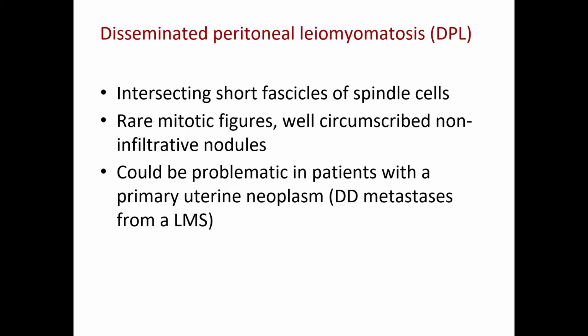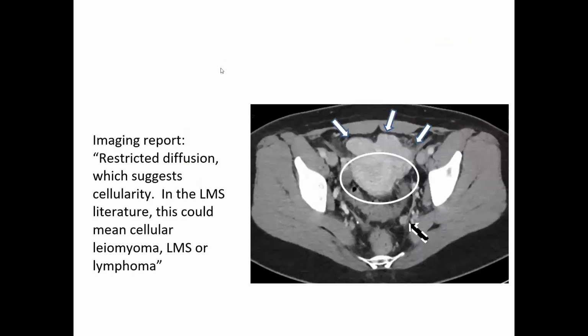And then you are giving me peritoneal biopsies with tumors that look the same. What am I going to call it? Is that a leiomyosarcoma that metastasized, or what am I going to do? So that can be a problem for you if you didn't know that this was the diagnosis.